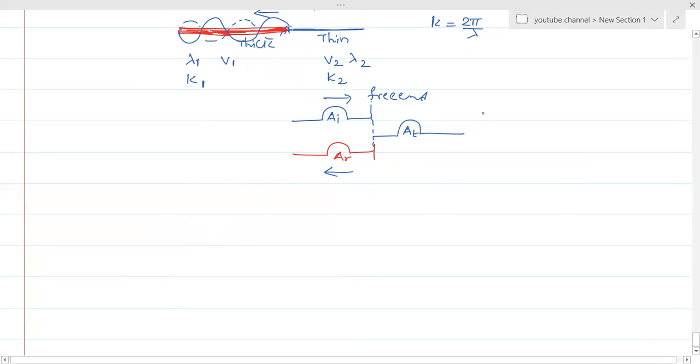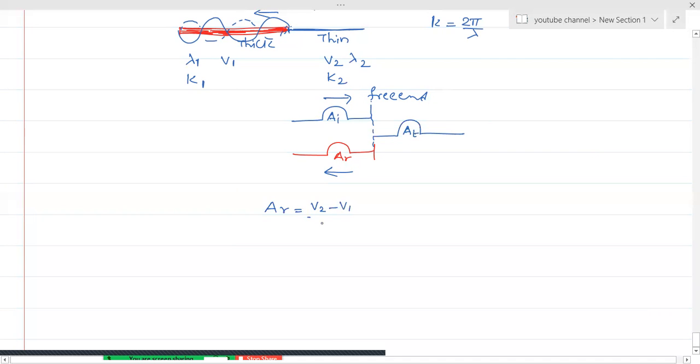Generally we have formulas for AR. These are very important. AR is equivalent to (V2 minus V1) by (V1 plus V2) into A. This is a formula we need to memorize.